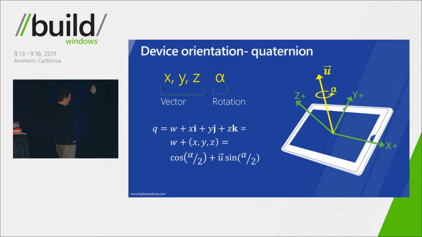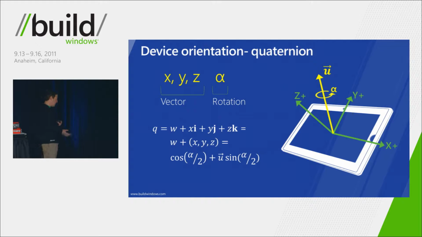This corresponds through all of this math down to W, X, Y, and Z values. You can look at the math here, but W is essentially a cosine of that angle, and then X, Y, and Z roughly correspond to that vector. They're not a unit vector. Altogether, W, X, Y, and Z are actually a 4D unit vector.